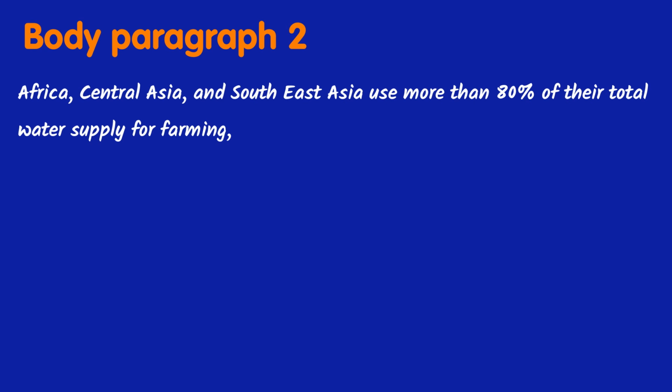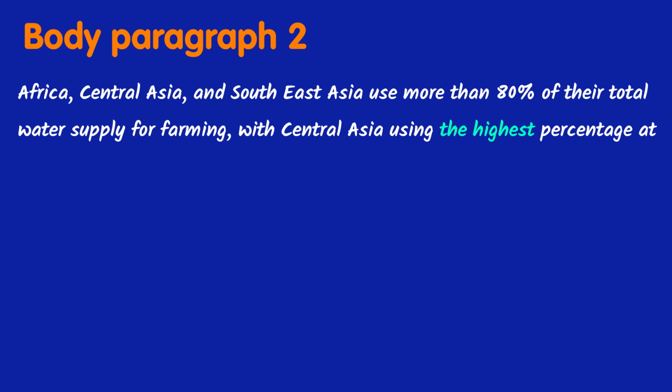And if I'm going to write about the highest, so I use comma, and after that I write with Central Asia using the highest percentage at 88%. The other two are not necessary to write about their percentages, or write only the highest, which is Central Asia.